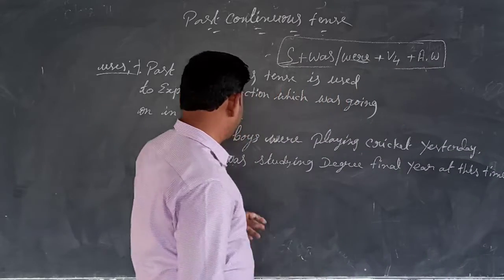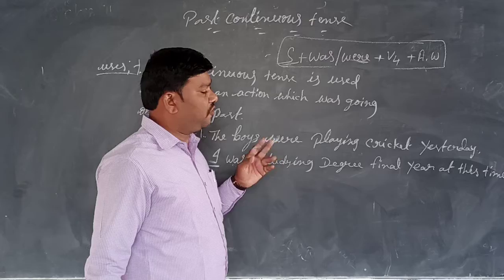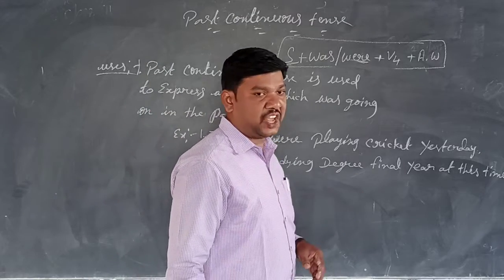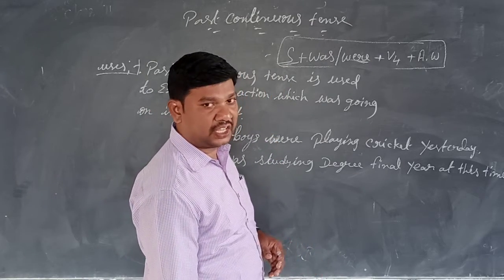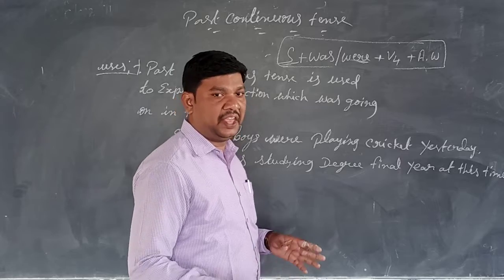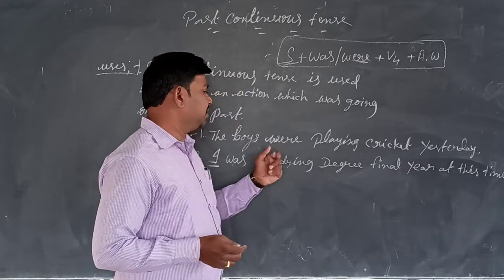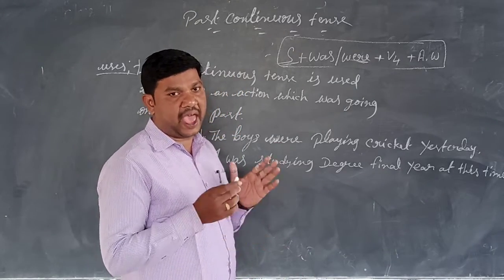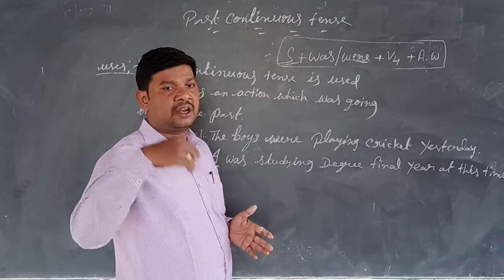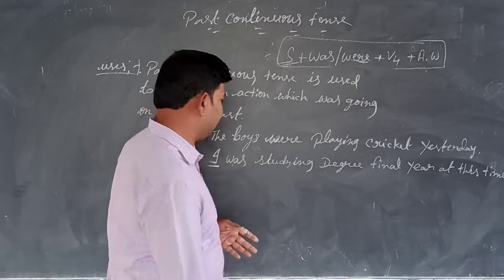So see here, I was studying degree final year at this time last year. Last year I was still studying. What was I studying? Degree final year. Means the action was still going on. The past means last year.